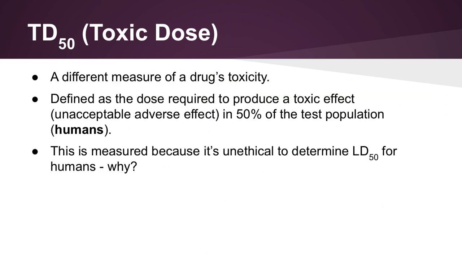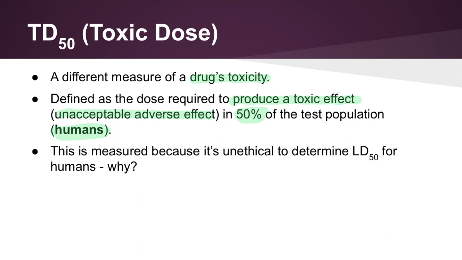So in humans, basically, we have a slightly different measurement. It's called the TD50 or the toxic dose 50. It's a different measure of the drug's toxicity. So again, it's still measuring the toxicity, but this is defined as the dose required to produce a toxic effect, which is an unacceptable adverse effect in 50% of the test population, which in this case is humans.